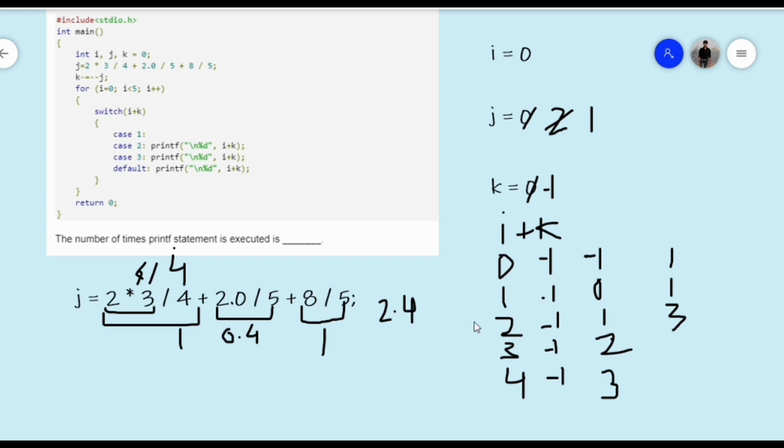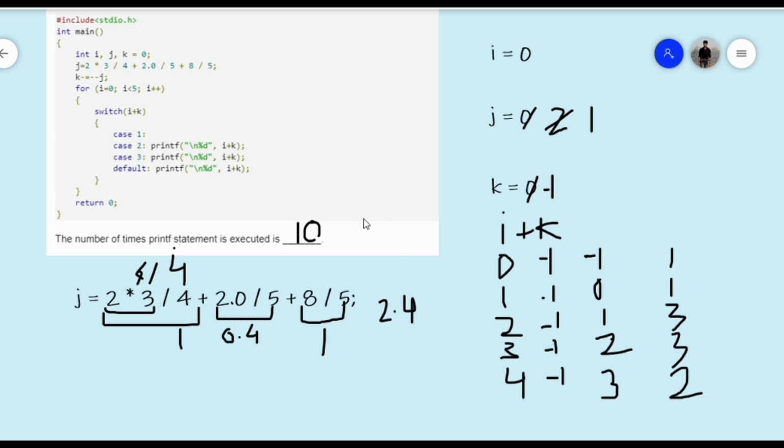When i plus k value is 2, we will land here, and 1, 2, 3, so 3 times this printf statement will be executed. When this is 3, we will land here, and 1 and 2, so 2 times this printf statement will be executed. If we see overall, 1 plus 1 is 2, 3 makes 5, 3 makes 8, 2 makes 10.